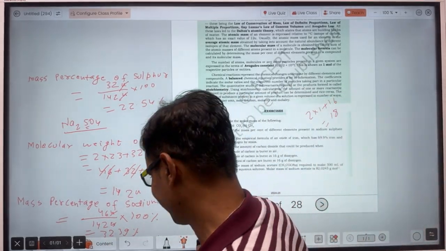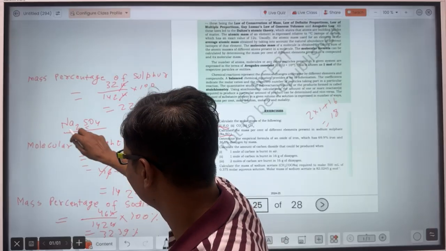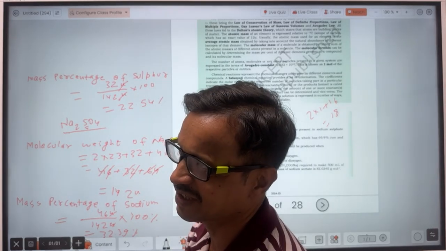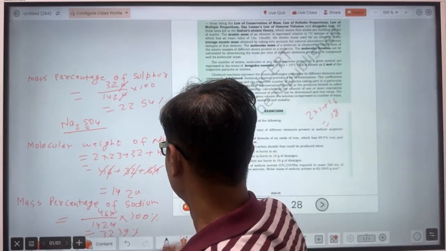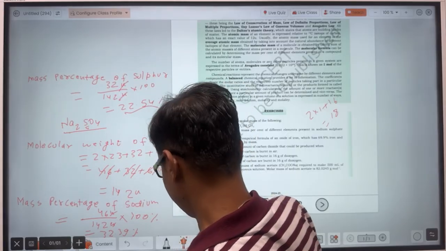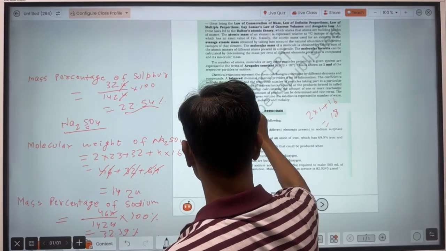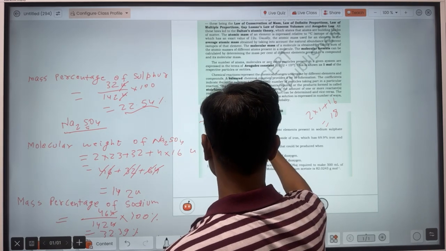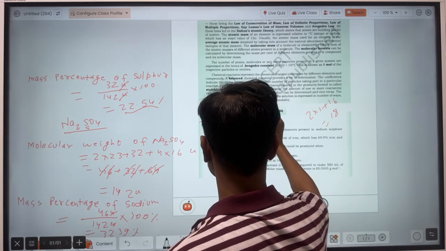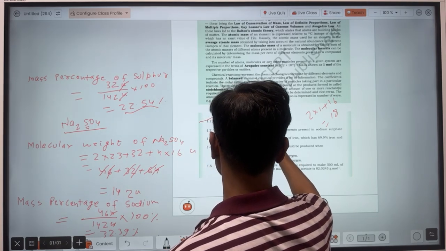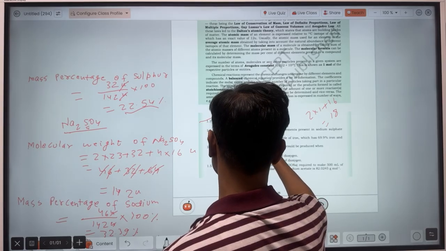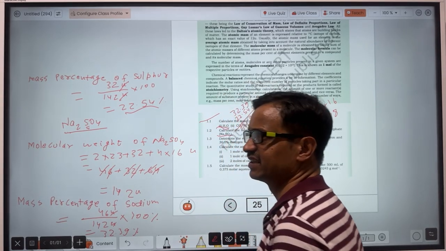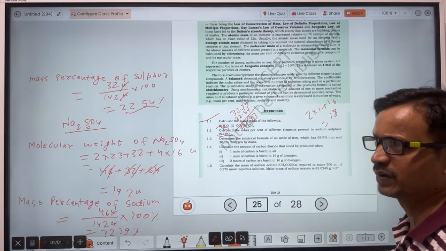Oxygen, as we have calculated the mass percentage of sodium and sulfur, you can find out without calculating. So it will be 32.39 plus 22.54, that addition came 54.93.